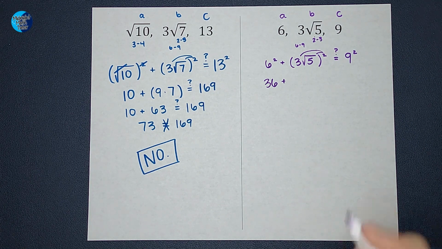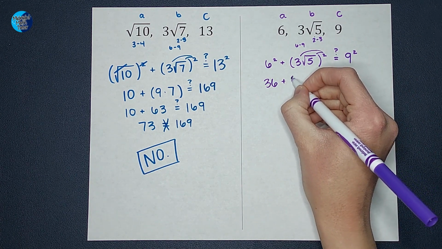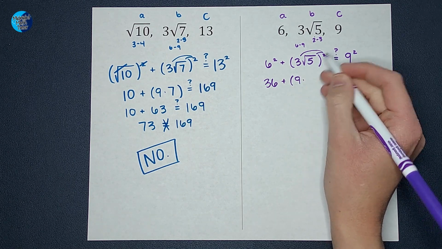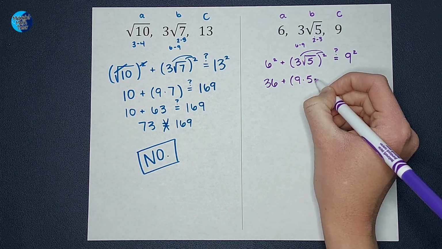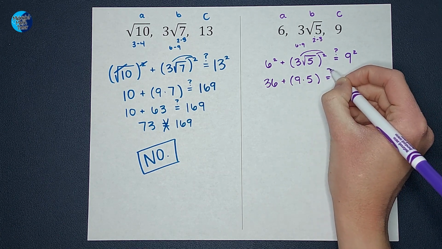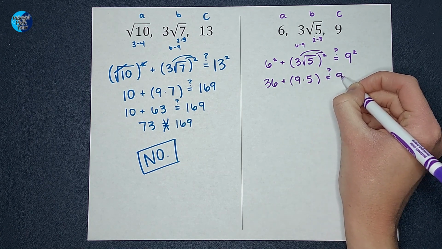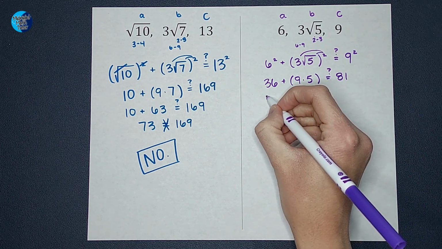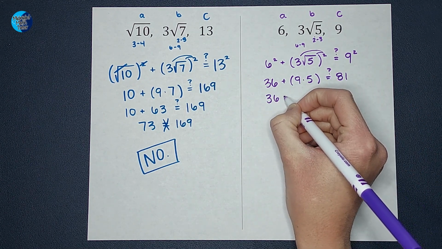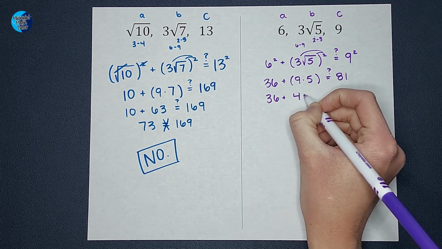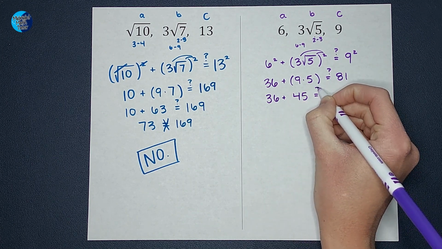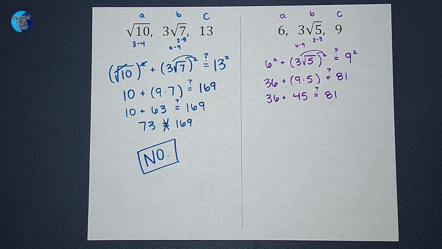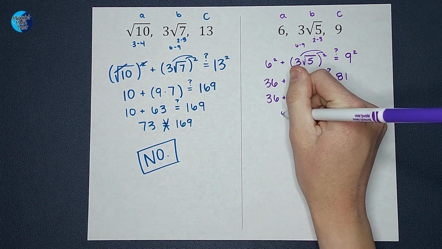So then I have 3 times 3, which gives me 9, times the square root of 5 squared. Those cancel, and I'm just left with 5. Is that equal to 9 squared, which is 81? Okay, next I'm going to multiply these, so I'll end up with 36 plus 45. Is that equal to 81?